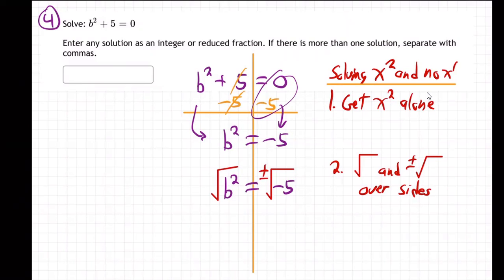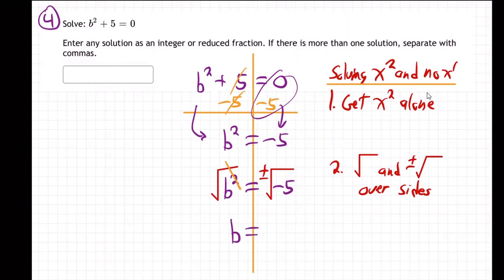Okay. So what does that mean? Well, these guys cancel, right? The square root and the second power cancel to just be plain old b.